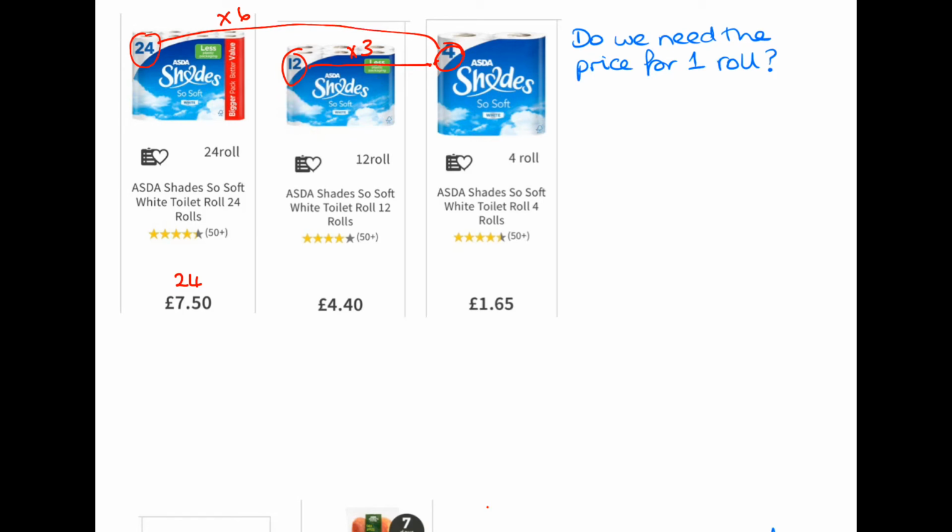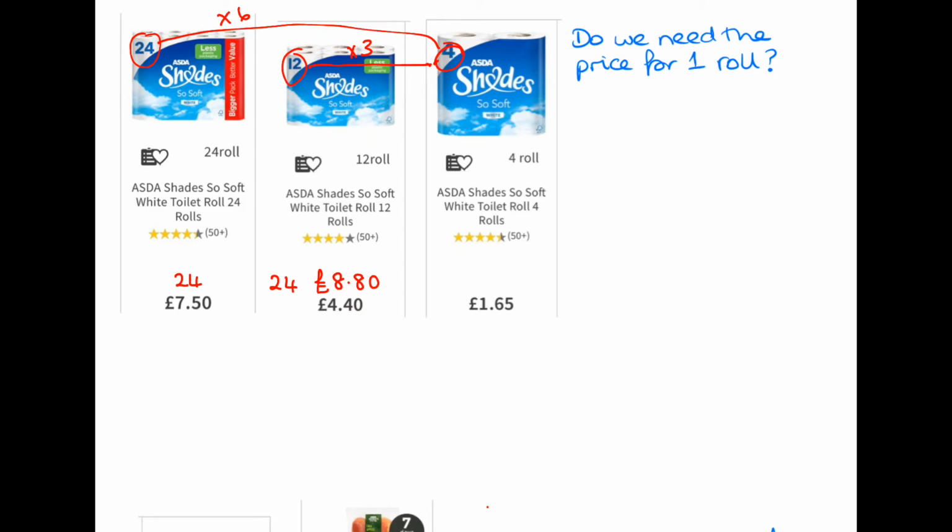So we'd need to double that price, wouldn't we? So 24 would be double that, so that's £8.80. So we can see that if we buy 24 toilet rolls with the big pack, it's £7.50. If we ended up with 24 toilet rolls buying this size of pack, it would be £8.80.